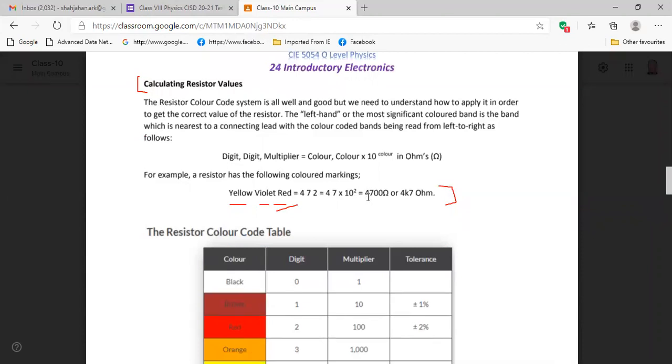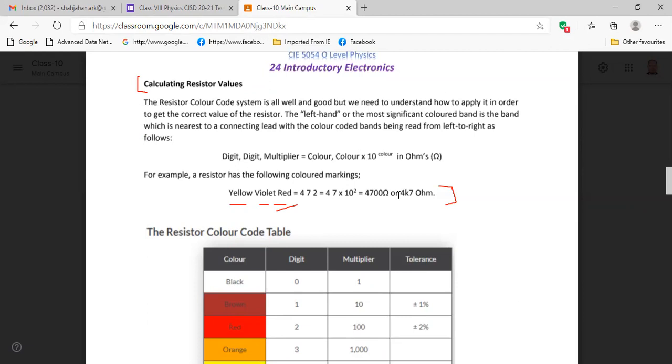So your answer is 47 multiplied by 100. 10 squared means 100. So 4700 ohms. 4700 ohms. Is it clear to you? Yes, sir.